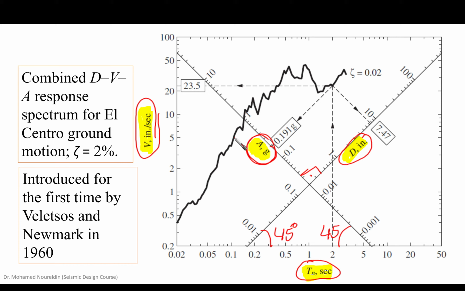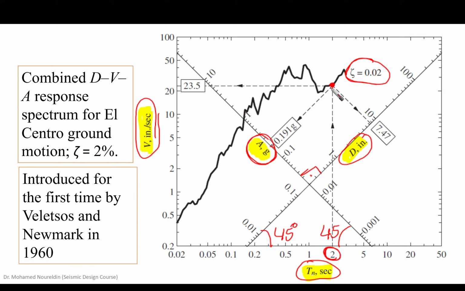This is only one curve, not 3, but it gives 3 different values for the deformation, velocity, and acceleration. This curve is for a damping ratio of 2%. If we take this point on the curve, at a natural period of the system of 2 seconds, this point gives us 3 different pieces of information.